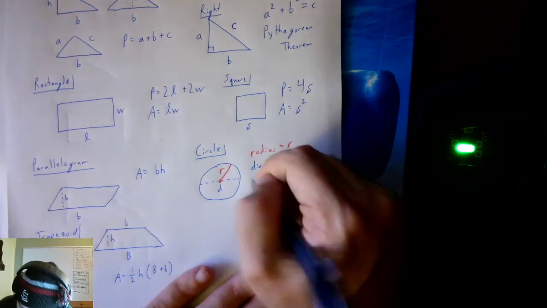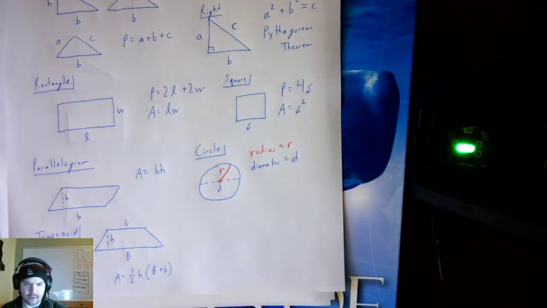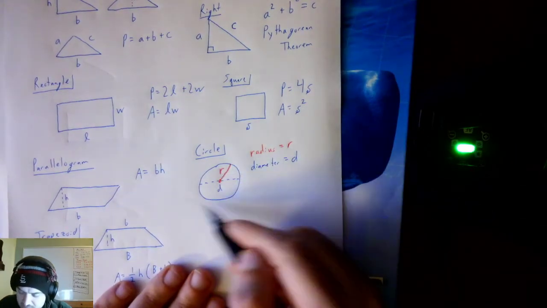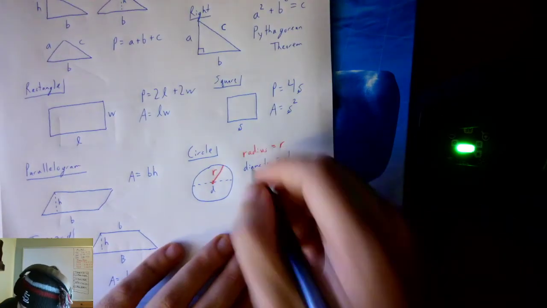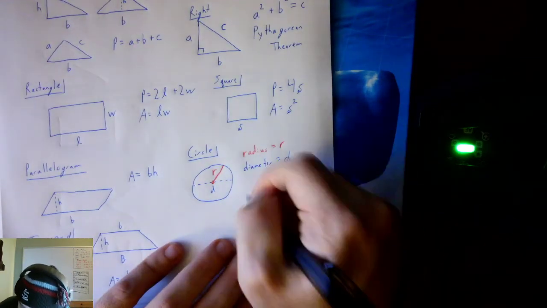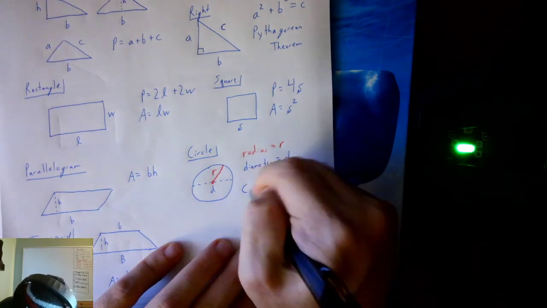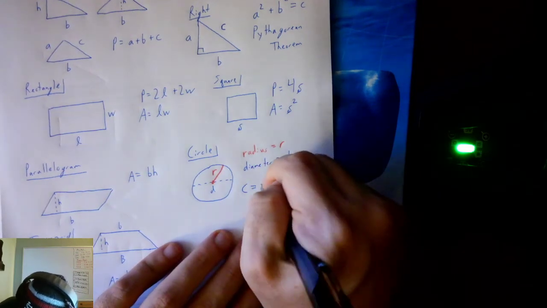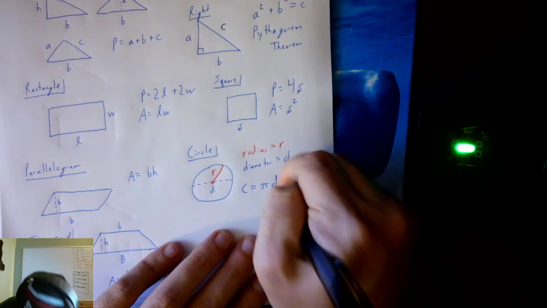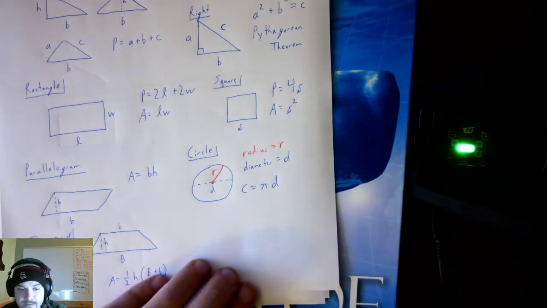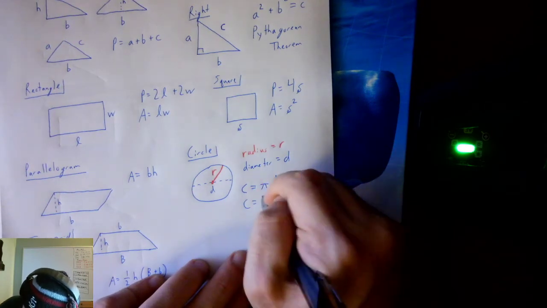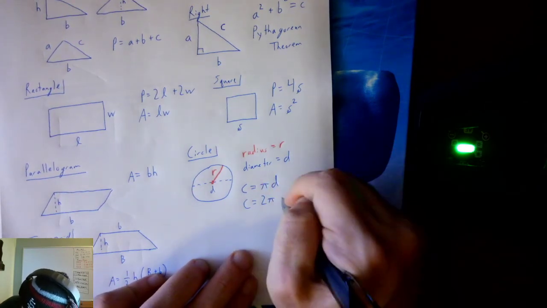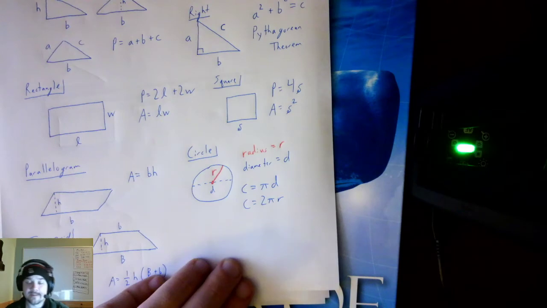Now, with a circle, we don't measure perimeter. We call it circumference. When you go around a circle, you call it circumference. And circumference has a few different formulas. There's going to be two. Circumference is either pi times the diameter, or the circumference can be equal to 2 pi times the radius.